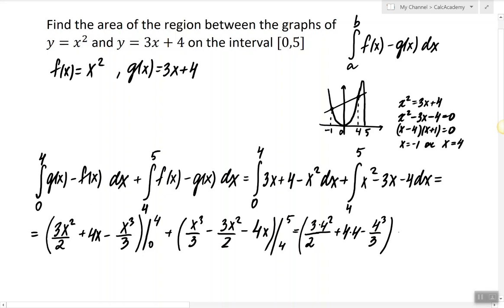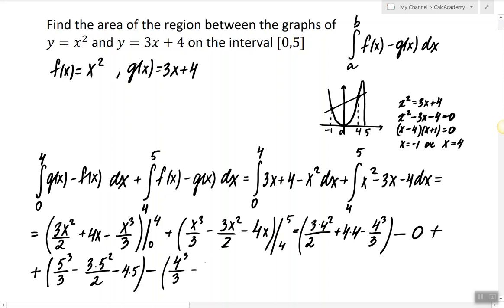Now plugging in 0 for x will return 0. And continue with plugging in 5. And subtracting the value of this antiderivative at 4.